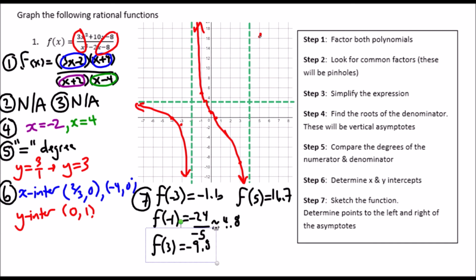All right, and I also want to do f of 6. So f of 6 is going to give me 10. So I'm now going to plot 6, 10, which is right about here. And now I can just graph something like that. And there is my beautiful function in all its glory.